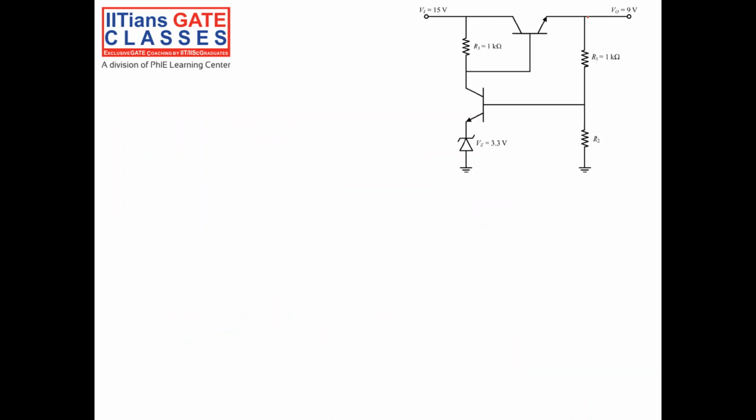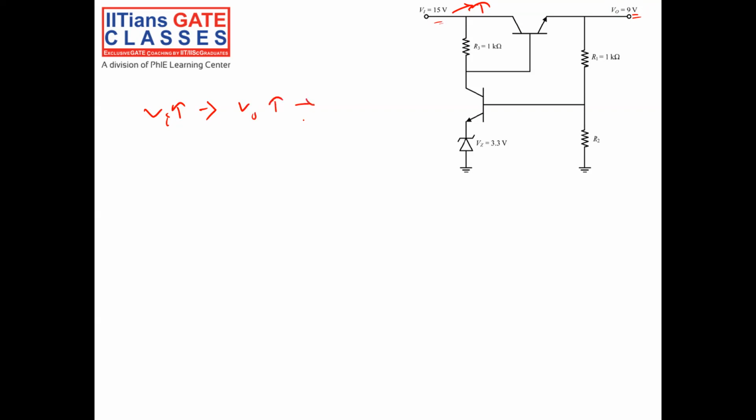Suppose my output is 9 volt and input is 15 volt. Suppose my input increased. Then how is the output regulating? Suppose my Vin is increasing. Suddenly it will increase V0.